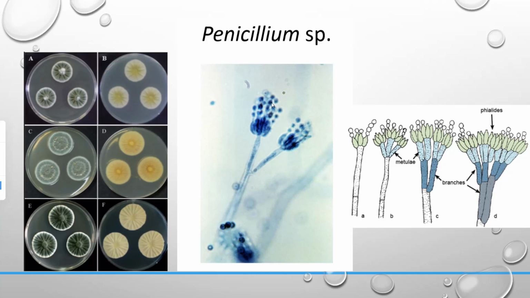Different Penicillium species come in a wide variety of colors, but in general their reproductive structures look like this: phialides, which go up to spores at the top.